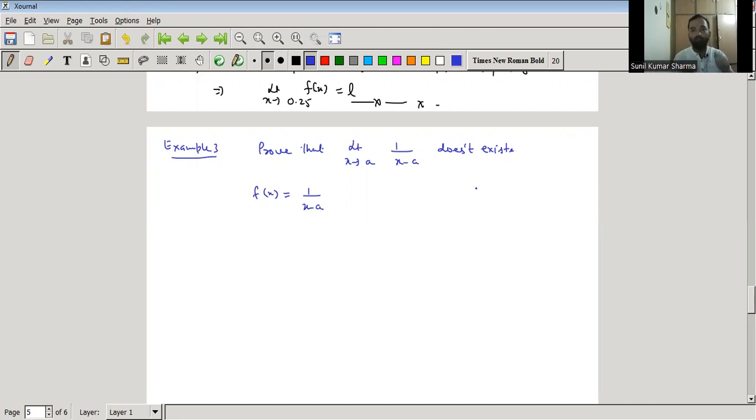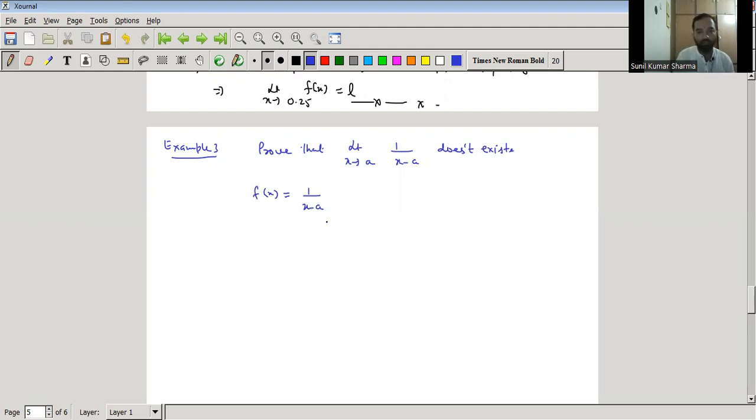Now we have to estimate f(x1) and f(x2). If we take the estimation of f(x1) and f(x2), that must be less than epsilon. So we can take any epsilon, a positive real number, epsilon greater than 0. It is true for every epsilon.